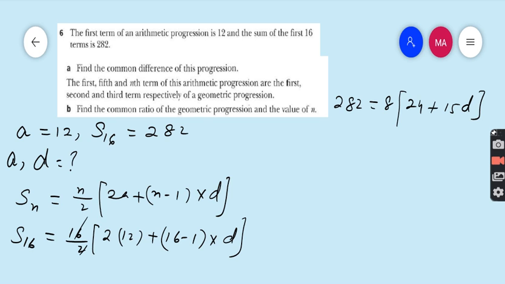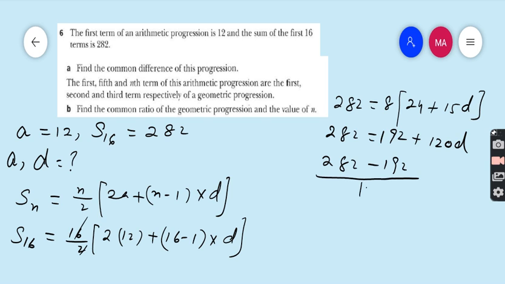Finally, 282, 8 into 24 is 192 and 15 8s are 120d. Then 282 minus 192, and this should be divided by 120, is equal to d.